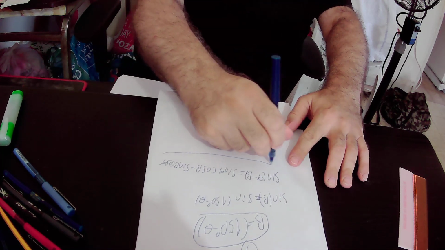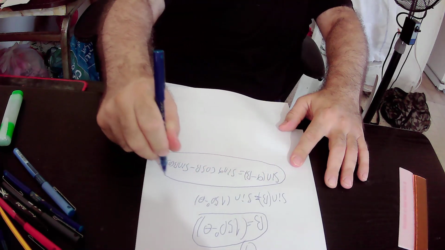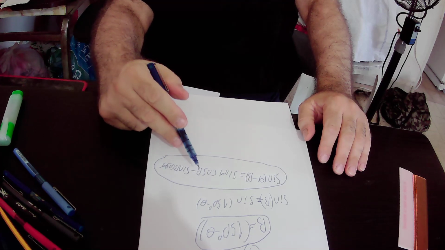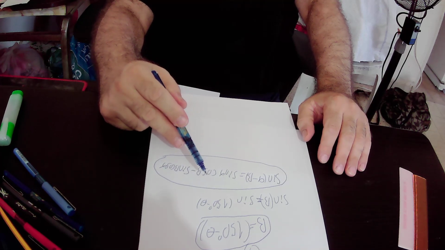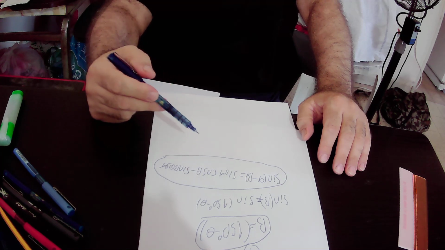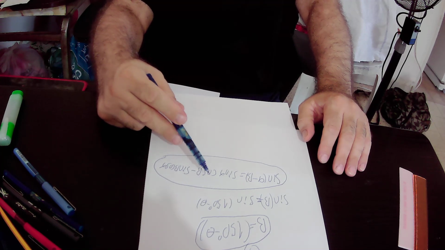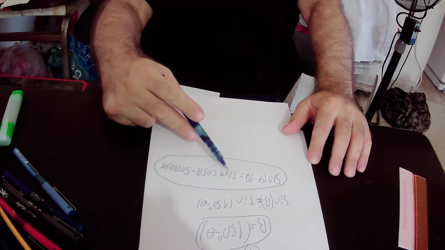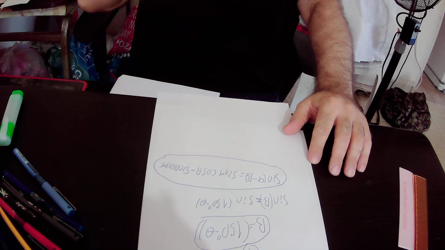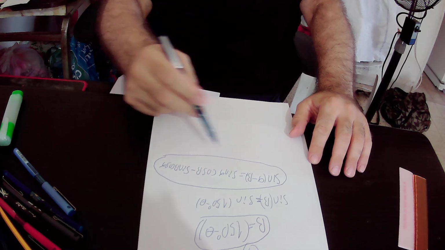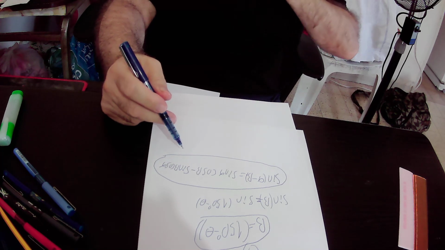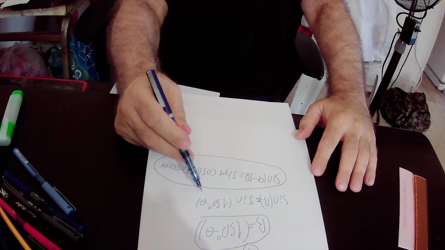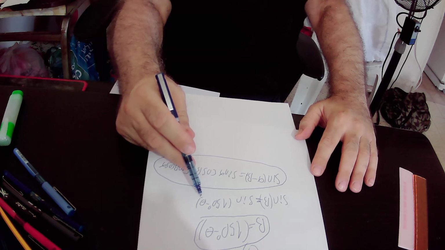This is the second trigonometric identity that we will use in order to find the value of sine 150 degrees minus theta, when alpha equals 150 degrees and beta equals theta.